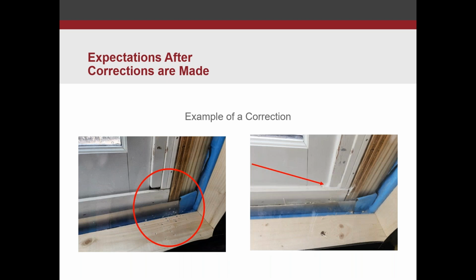Here we have a window unit. This is on the interior face on the left-hand side during testing. You can see in the circled area, there's a little bit of water splatter on the vinyl in the chamber.